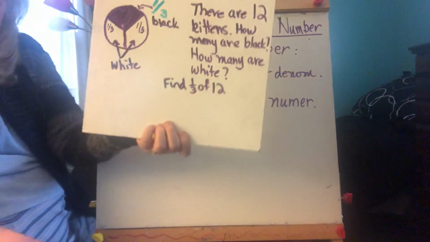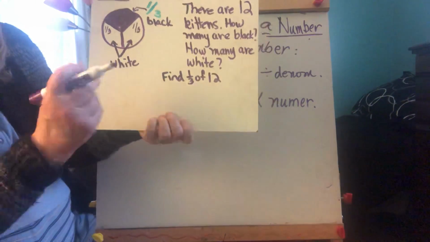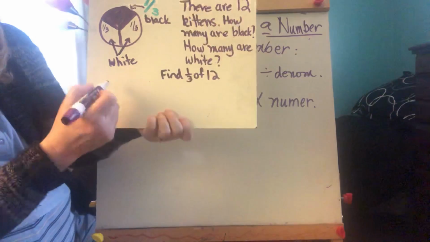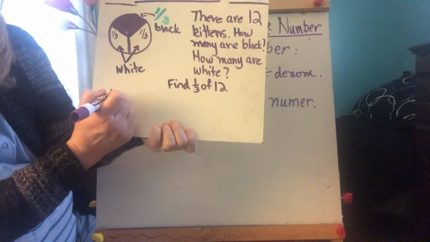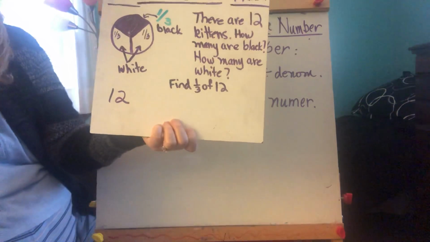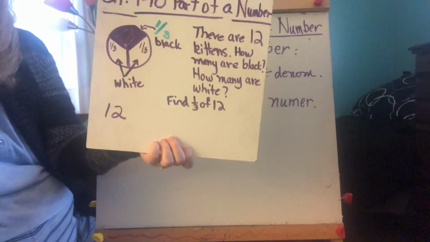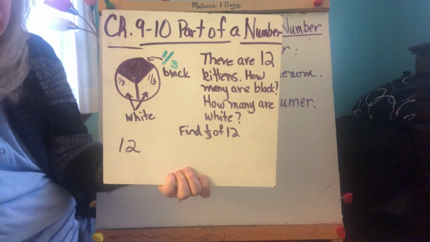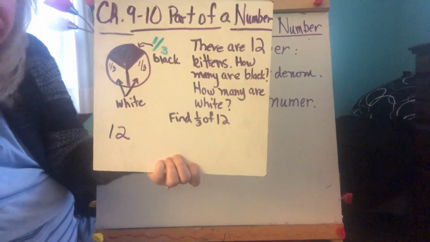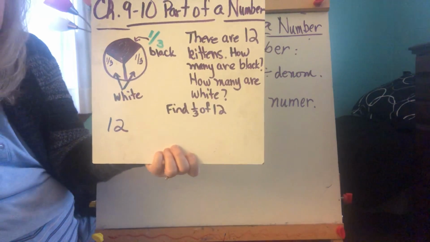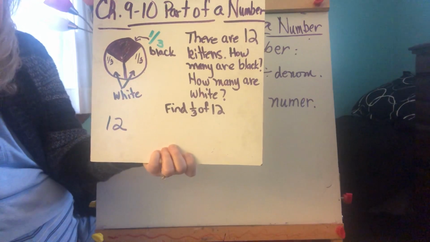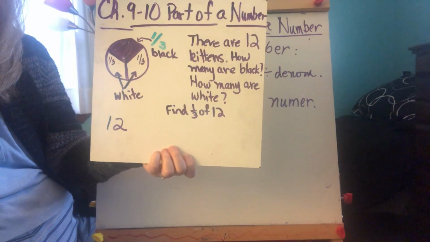So here's what you do. You first take the total number of kittens, which is 12, and you're going to divide them up into 3 groups. Now, if you were younger and you were still in 3rd grade or 2nd grade, you might have to draw a picture and then break the 12 into 3 equal groups.